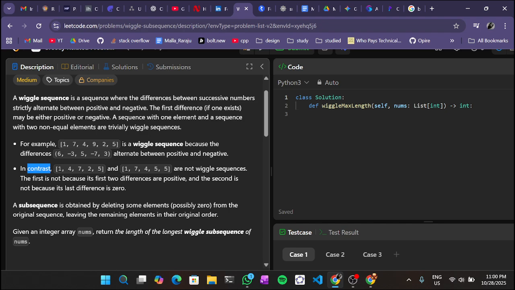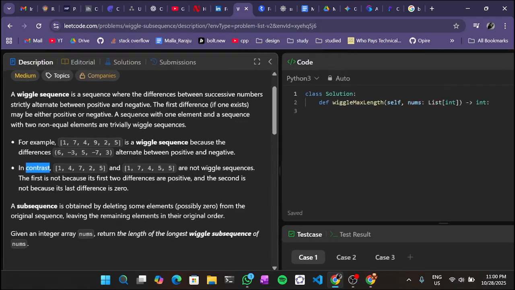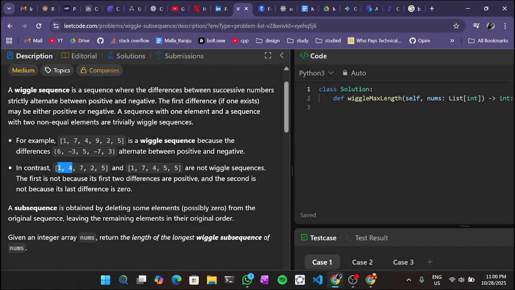In contrast, 1 4 7 2 5 and 1 7 4 5 5 are not wiggle sequences. 4 minus 1 is 3, 7 minus 4 is 3, so both are positive, so it's not a wiggle sequence.